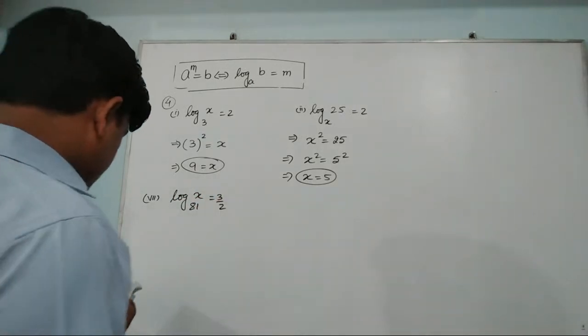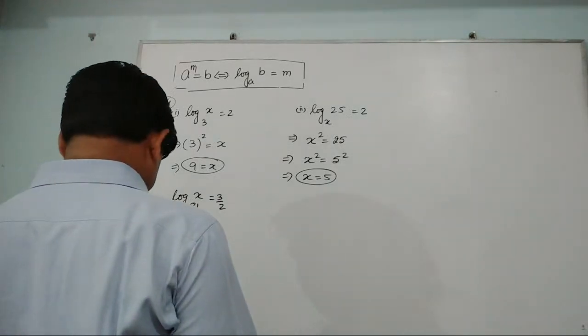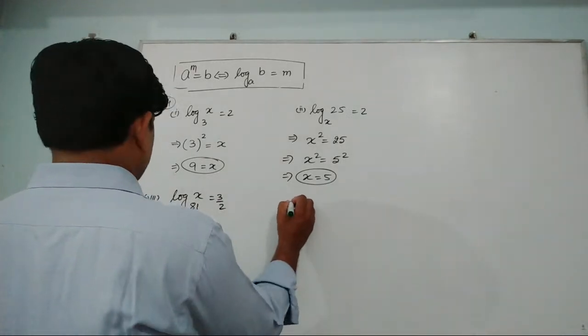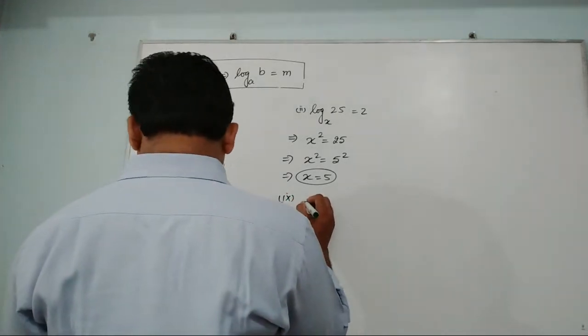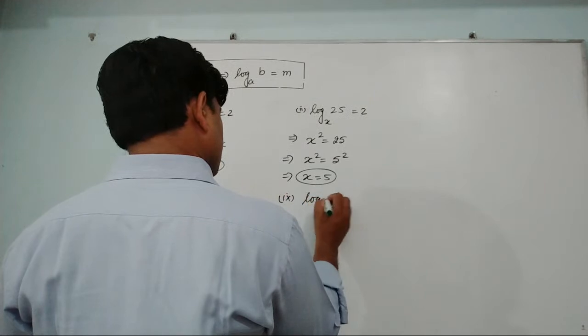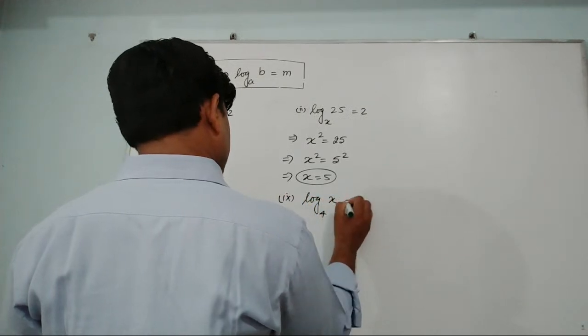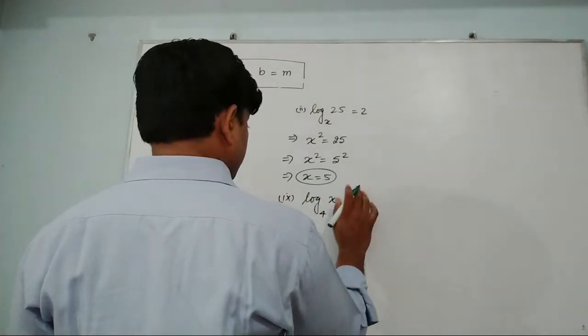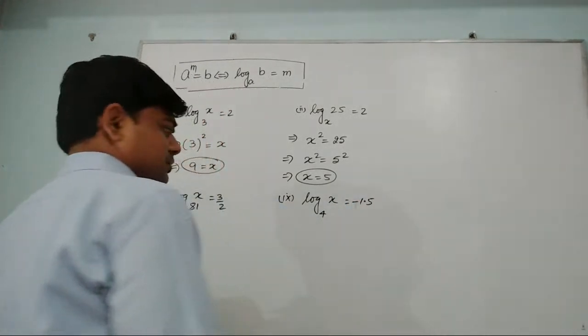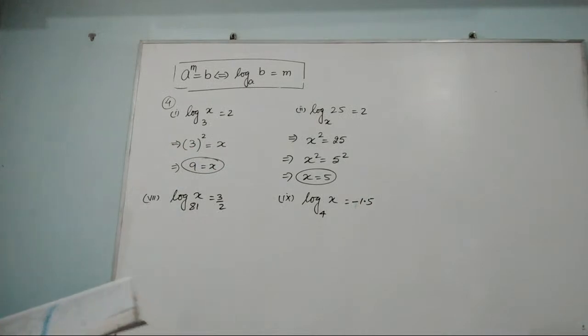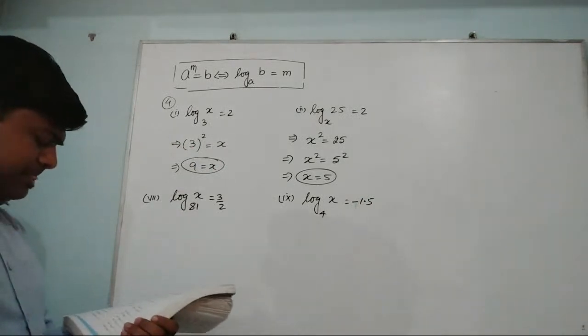Then one more thing I want to do here, the 9th part. In the 9th one it is log x base 4 is equal to minus 1.5. Different types of things I am writing for you people, and definitely it will be helpful for you.